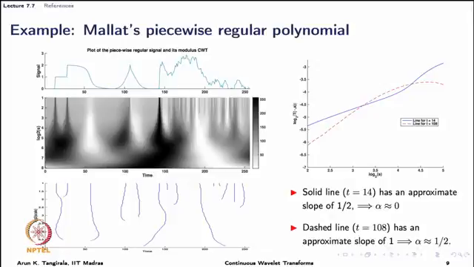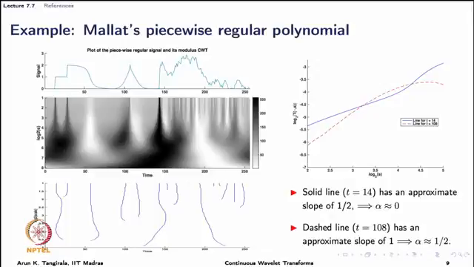Both indicate discontinuities, but they are of different types. This is a perfect singularity for the function at t equals 14, whereas at the cusp it is more of a loss of differentiability for f. Of course, there is some kind of discontinuity here, but visually you can see there is a difference between the types of discontinuities, and this is how you quantify singularities or regularities using CWT.